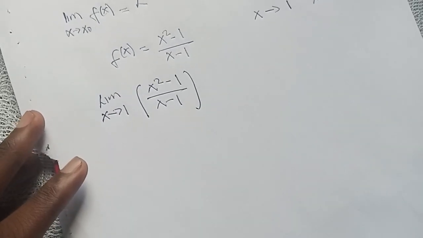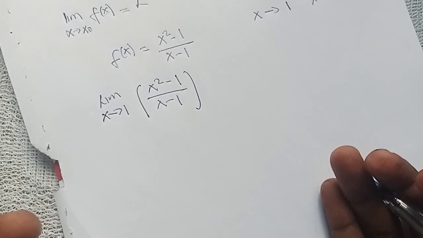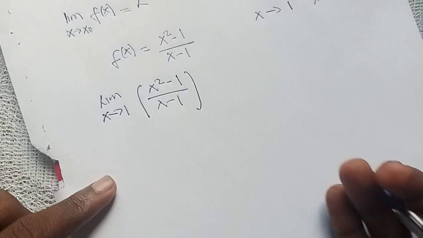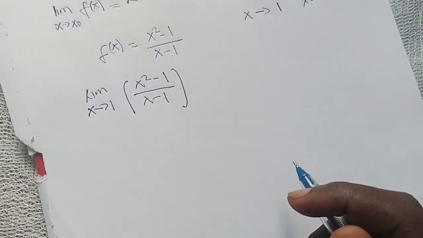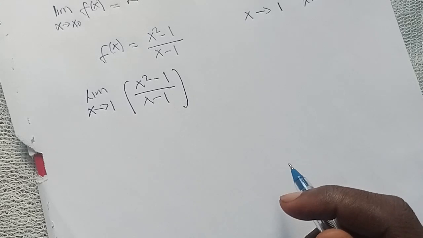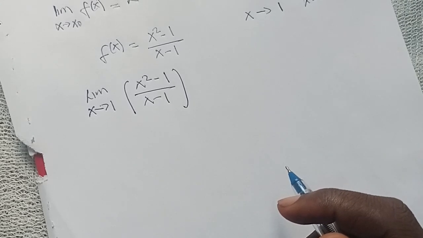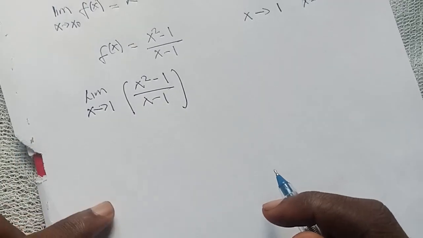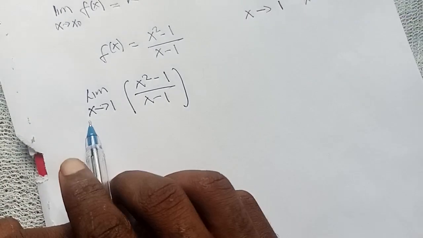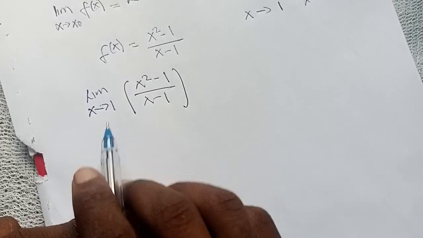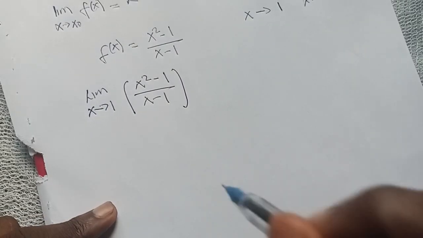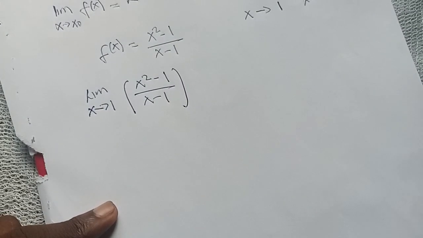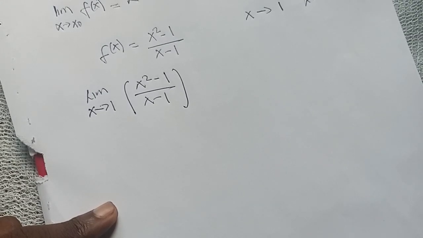So how do you go about solving these types of limits? When you're solving any type of limit, the first thing you have to do is direct substitution. What I mean by direct substitution is, you take the value that x is approaching and substitute it in the function. You see if the function will be defined first.